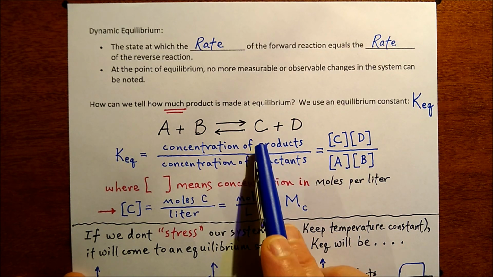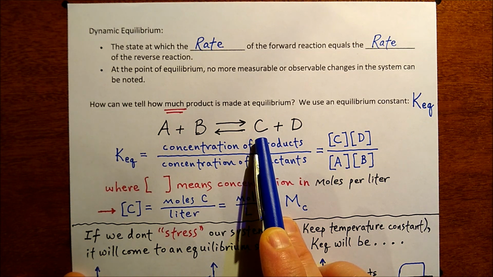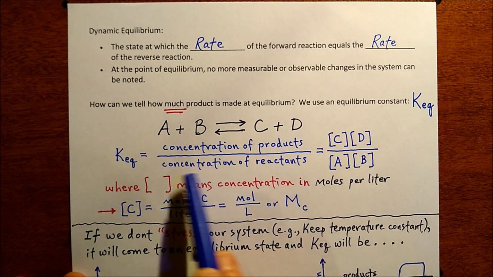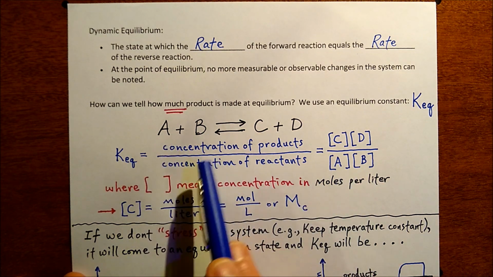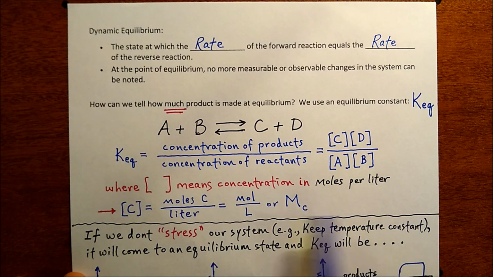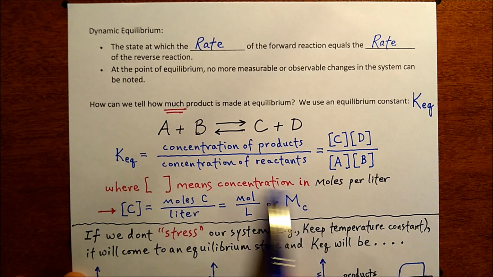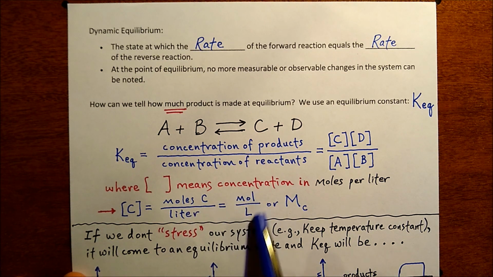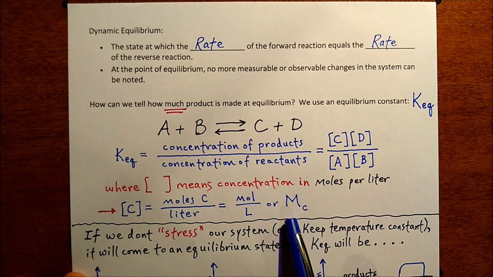So in this case, we would write the molar concentration of C times the molar concentration of D divided by the molar concentration of A times the molar concentration of B, where these brackets again mean moles per liter. And here are some different ways to represent molarity. You can write it out like this, or here's an abbreviation. Sometimes we just use a capital M. In this case, this would be the molarity of component C, capital M subscript C.